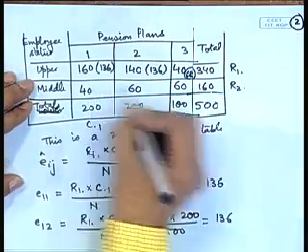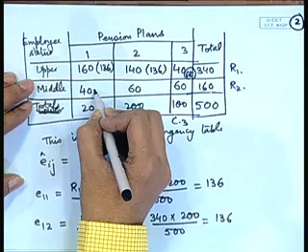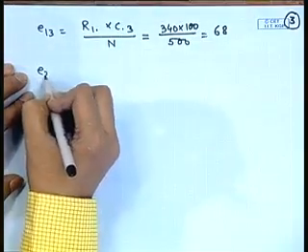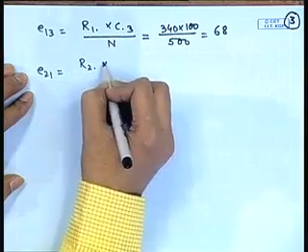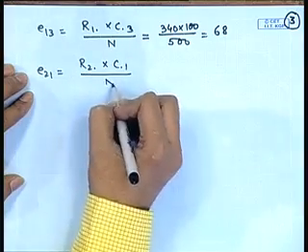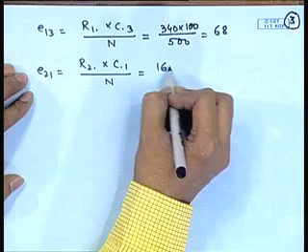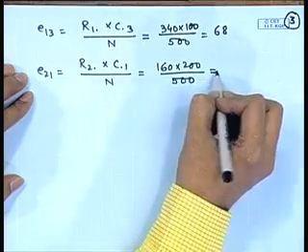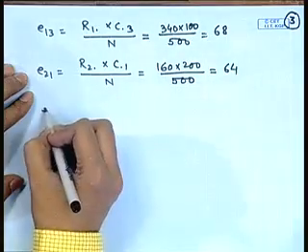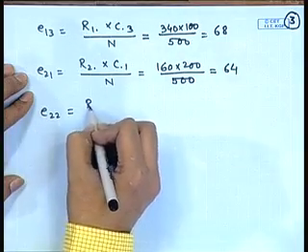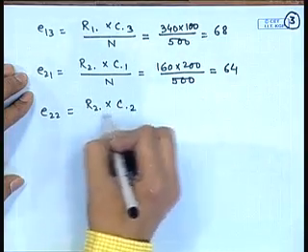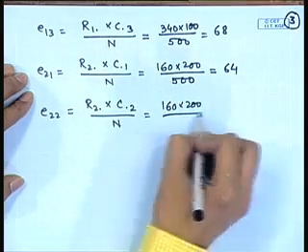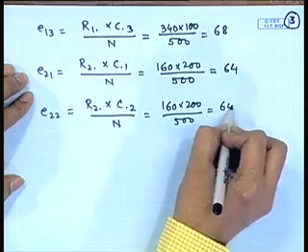In a similar way, we can calculate the value corresponding to E21. E21 will be R2 dot into C dot 1 divided by n, that is equal to 160 into 200 divided by 500, that is equal to 64. E22 will be equal to R2 dot into C dot 2 by n, that is equal to 160 into 200 divided by 500, that is again 64.